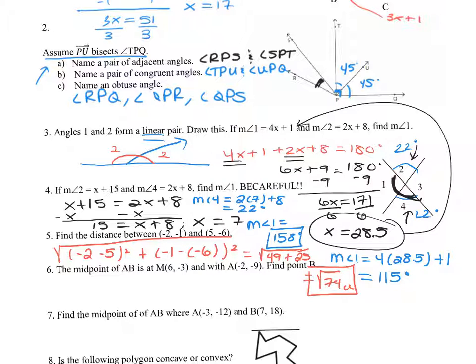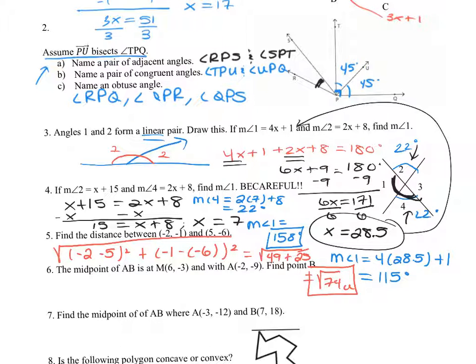Questions on 1 through 5? No? Take your time. Remember that I am going to be grading this by hand, so I will look to see how much work you've done. I will give you partial credit where it's earned.